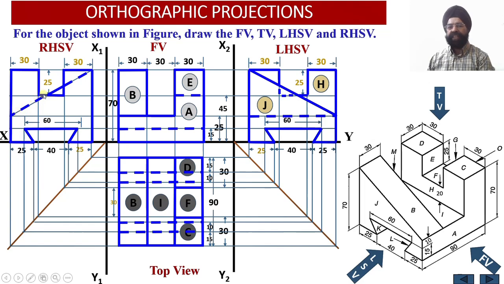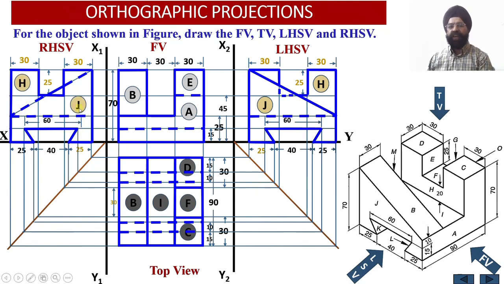So this is the dotted surface. And similarly from the right hand side as well, this well surface is not visible to the observer. So at a height of 25 millimeter from the bottom, again another dotted line will be drawn over here. So this completes the projection of the right hand side view of the solid.